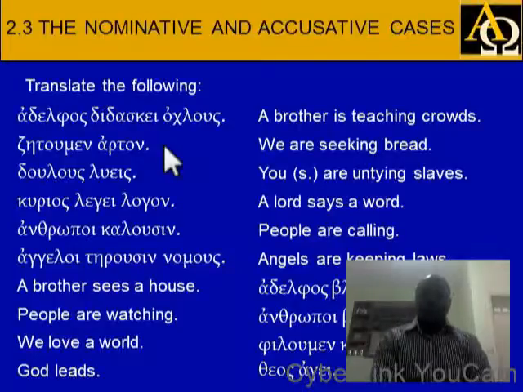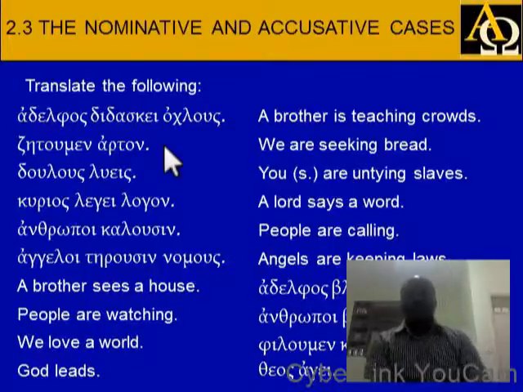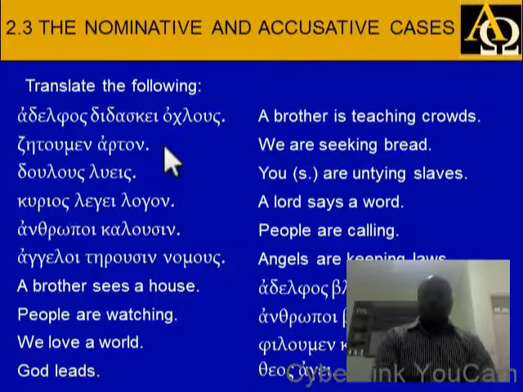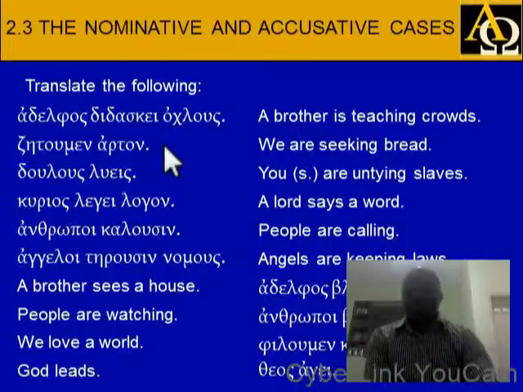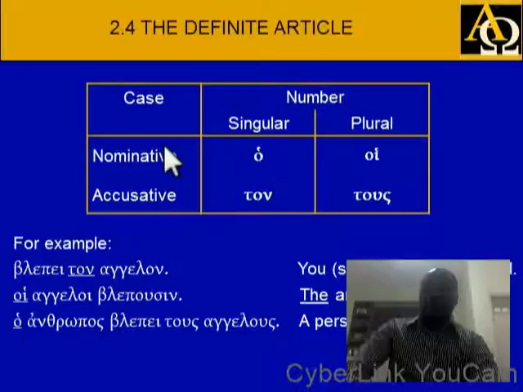Doulos lues, you are untying slaves. Kurios legei logon, a lord says a word. Anthropoi kalousin, people are calling, and so on and so forth.